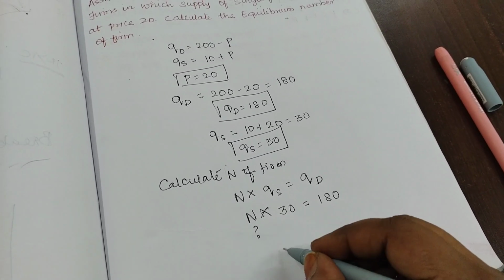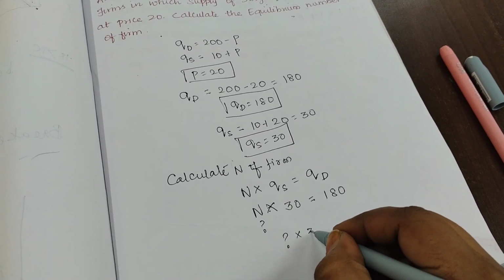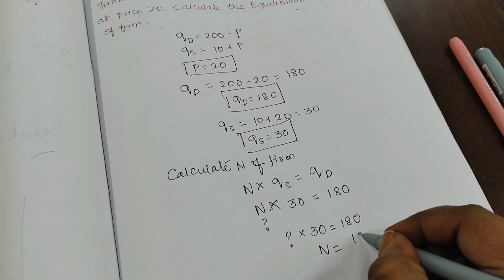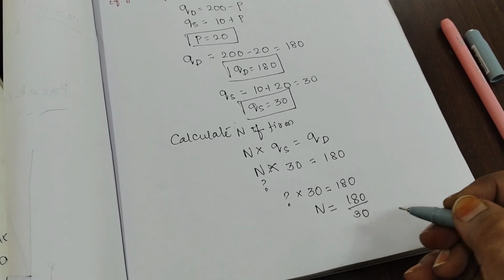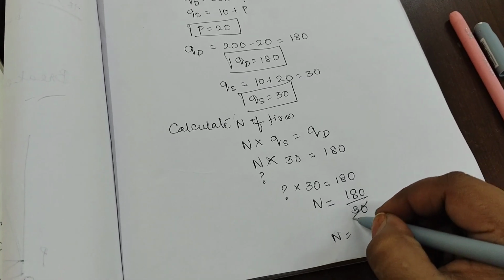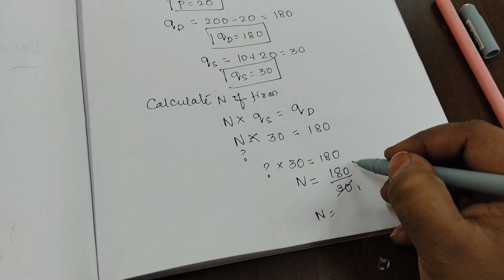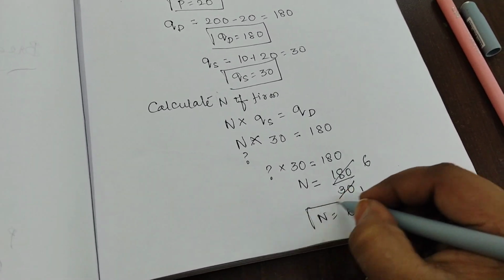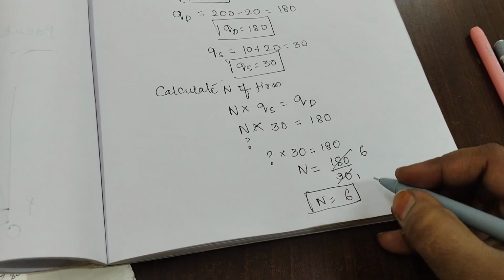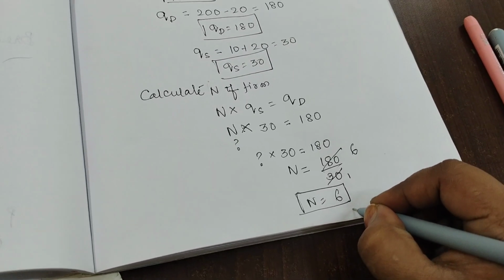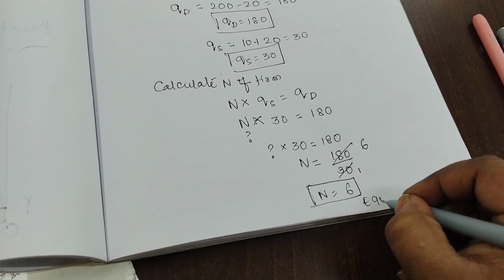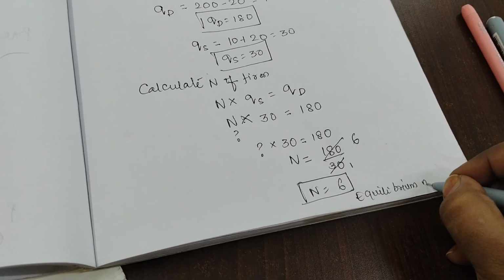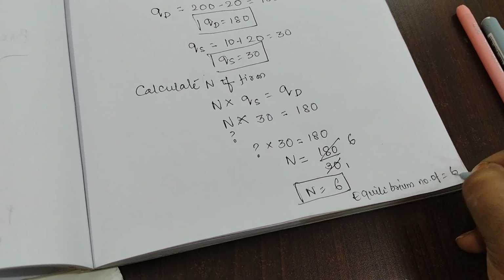We don't know what n is. QS is 30, so n times 30 equals 180. So we keep n common: 180 divided by 30. So n is equal to 6. So the equilibrium number of firms is 6.